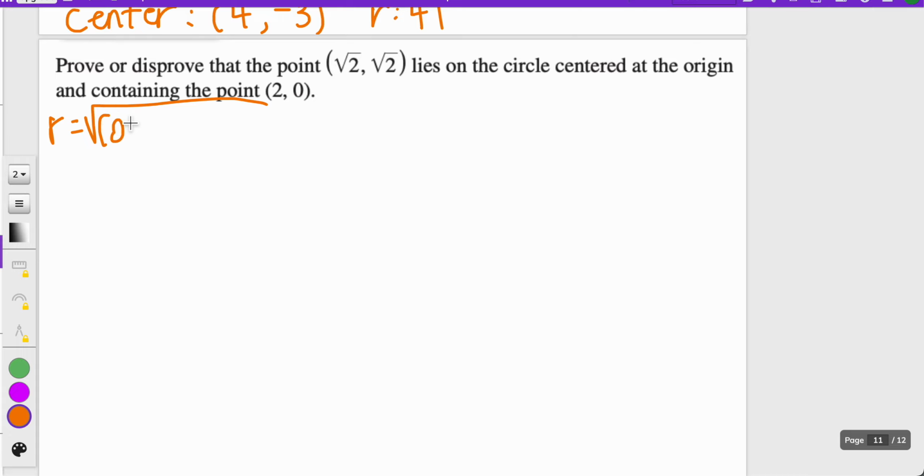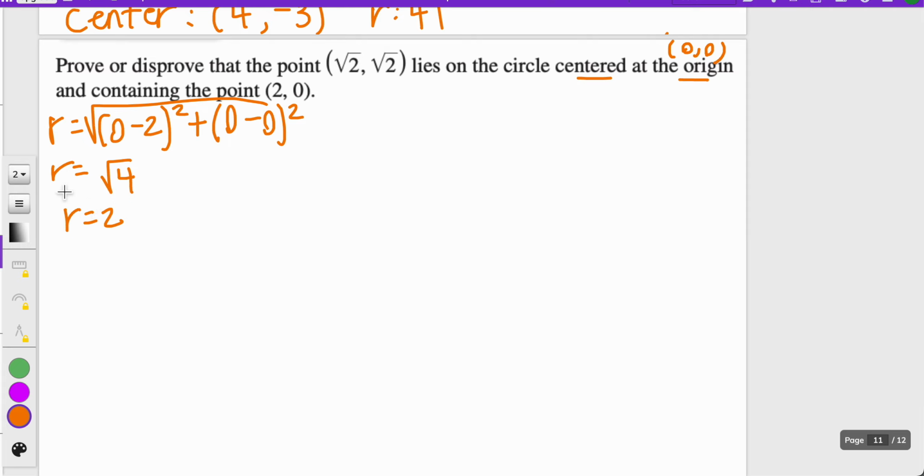Okay, so 0 minus 2 squared plus 0 minus 0 squared. Not exactly sure what that other y point is or my other x points, so that's why I'm giving you zeros first. And because it says it's centered at the origin, that means my other point is 0, 0. Okay, this is going to give me negative 2 squared, which is 4. So basically this square root of 4, so my radius is equal to 2.